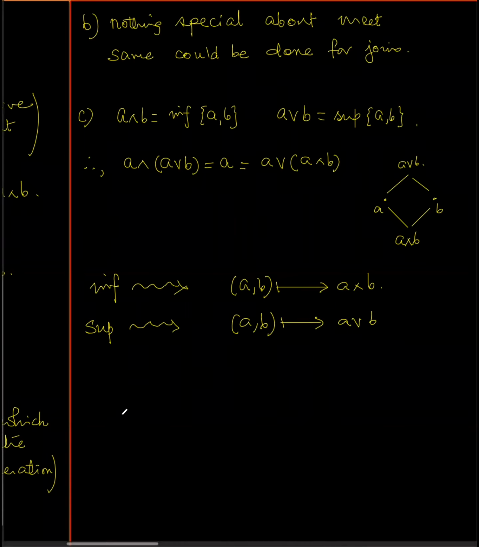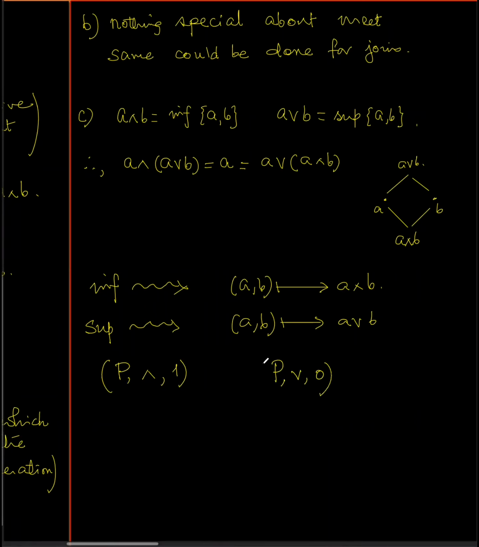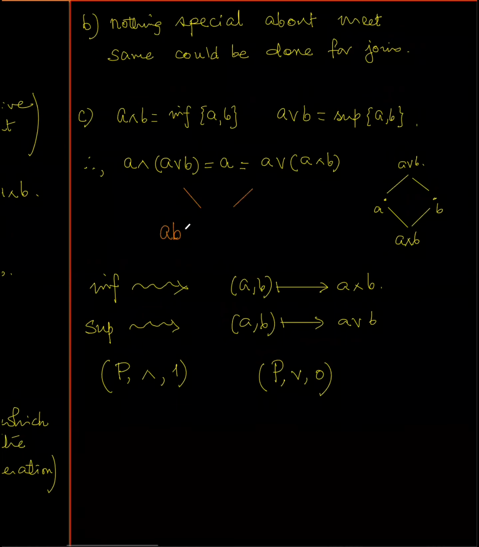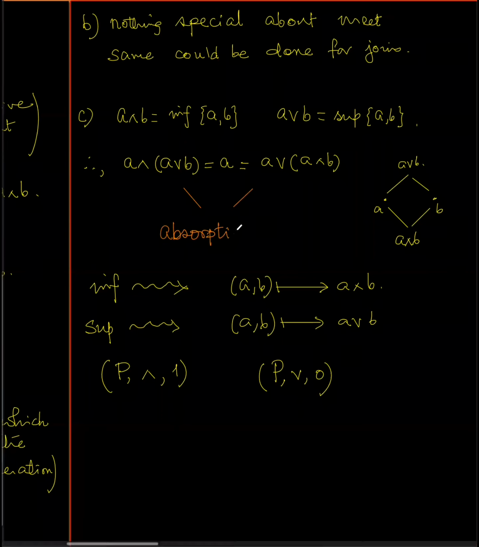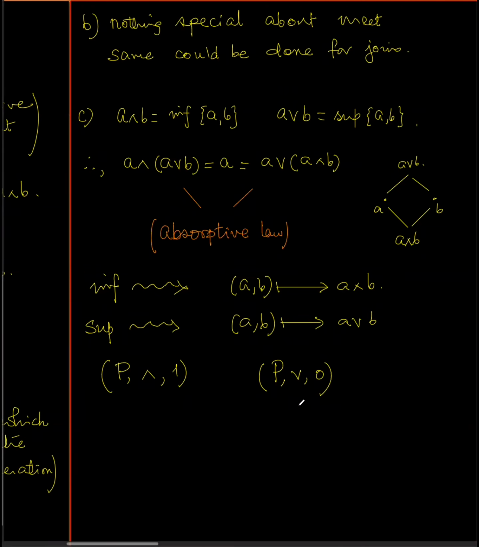So now the same set P has two operations with which they make commutative idempotent monoids. And this equation, often called the absorptive law, is a handshaking between these two operations, right?